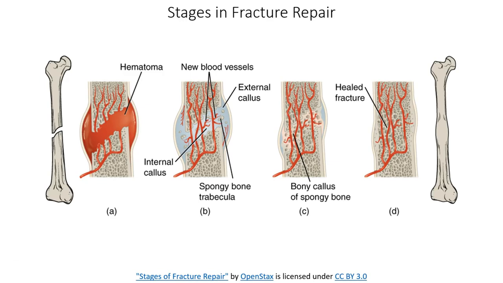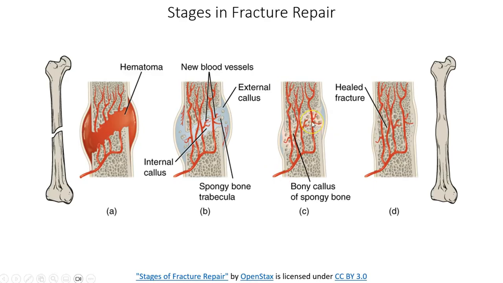Those osteogenic cells, the stem cells, they are going to differentiate into osteoblasts so that we can start building that new bone tissue in here. So we're going to start building off of that callus with all of that matrix from the cartilage template in there. We'll start building off of that with those osteoblasts.